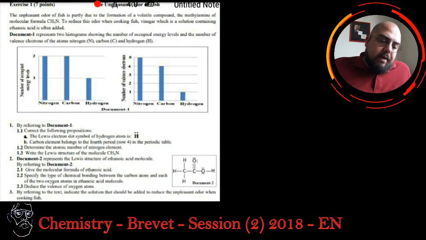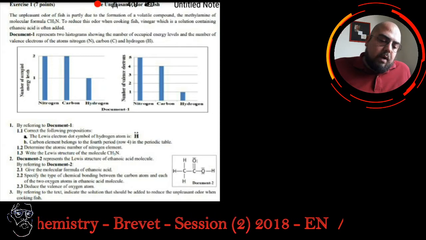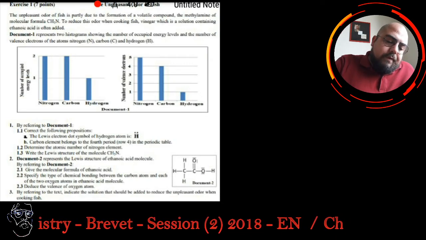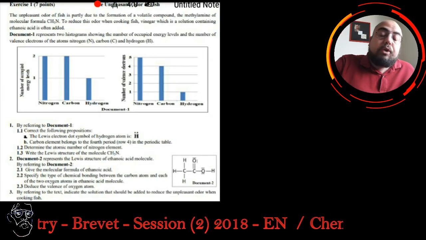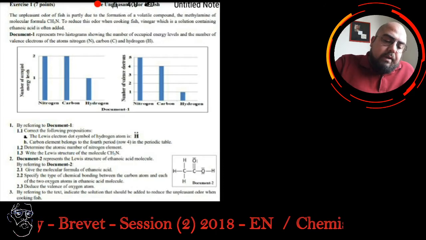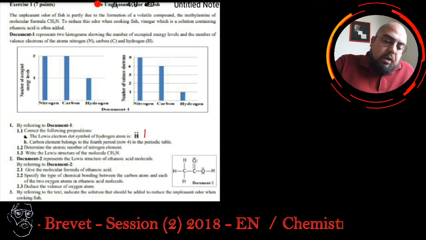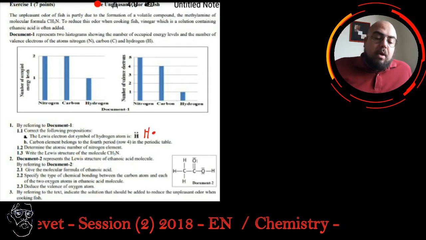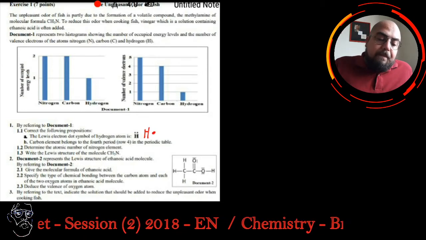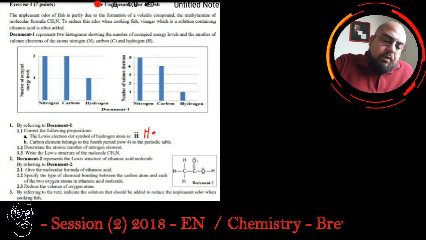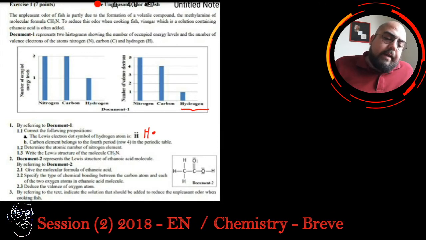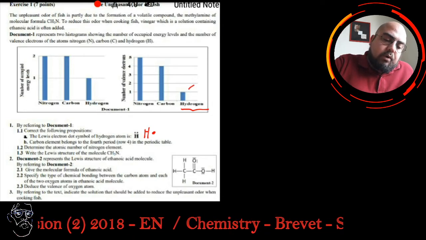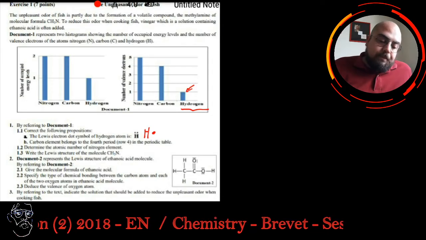Correct. By referring to document 1, correct the following propositions. The Lewis symbol of hydrogen is H with 2 electrons. Actually, it's false. It should be H with 1 electron, simply because hydrogen has 1 valence electron.